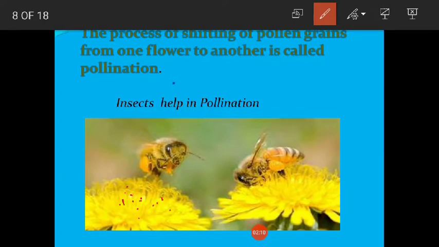These pollen grains stick to the body parts of the insects when insects sit on the flower, and then they carry them to another flower, leave the pollen grains there, and these pollen grains help in formation of a new plant. So the process of shifting of pollen grains from one flower to another is called pollination, and this pollination process is carried out by insects.